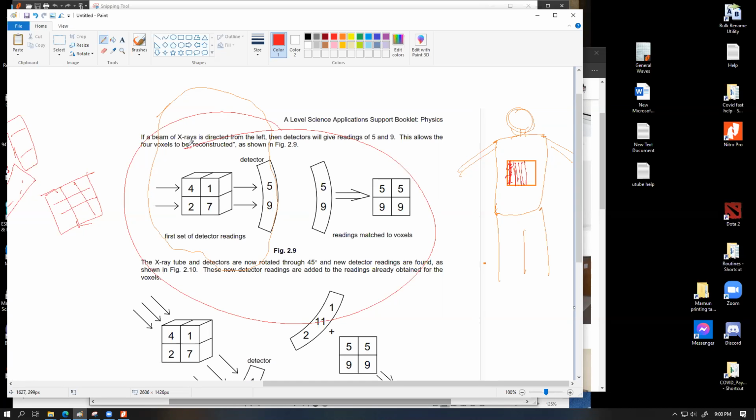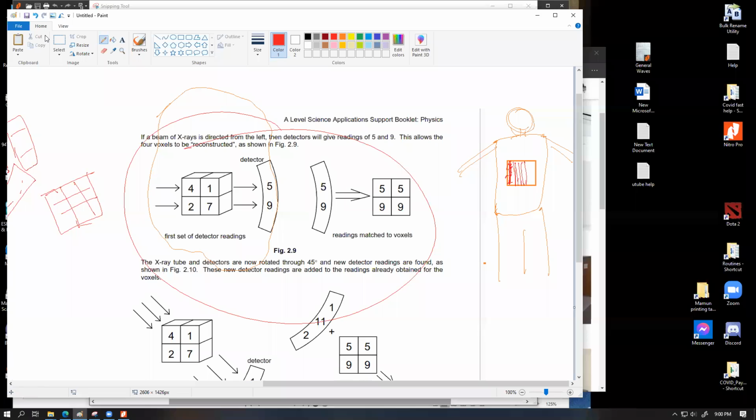Because getting the voxel values for only one line along the patient is not complete diagnosis information. You have to have the 3-dimensional location for the entire tissue part that you're trying to scan the patient for. So that's important, that we are going to have to scan slices of the patient's body.